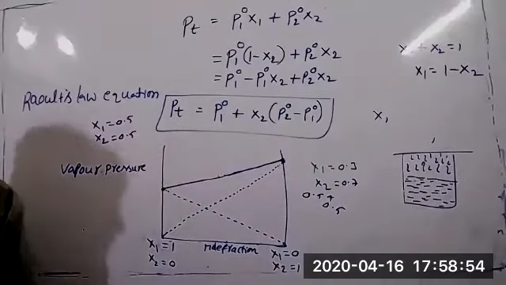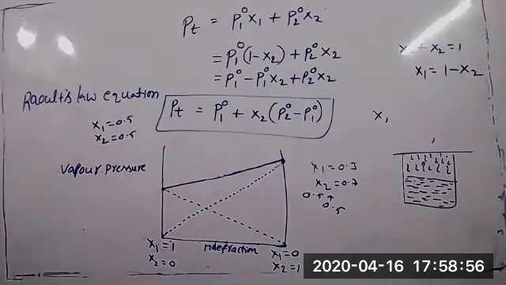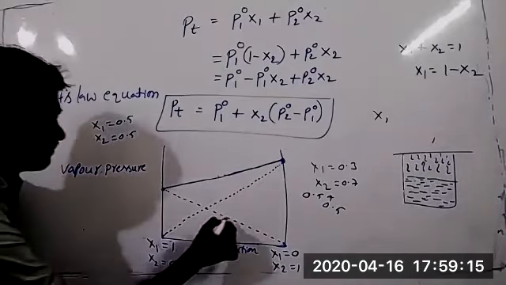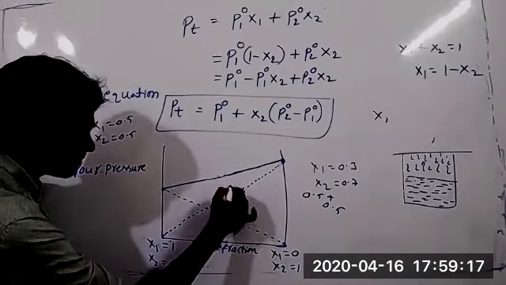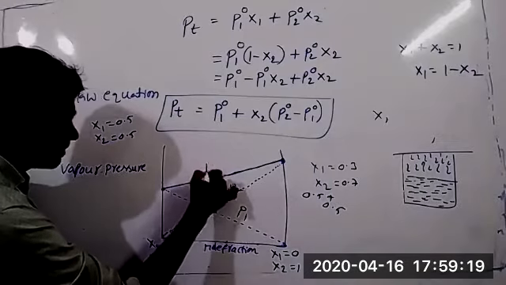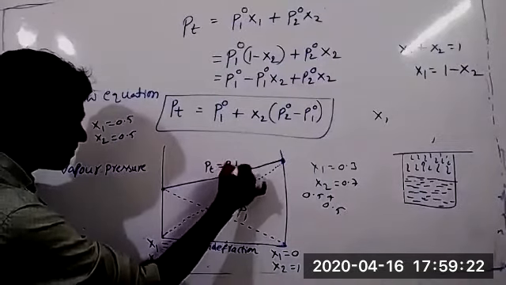Take this graph. This line is P1, this line refers to P2, this is P total is equal to P1 plus P2.